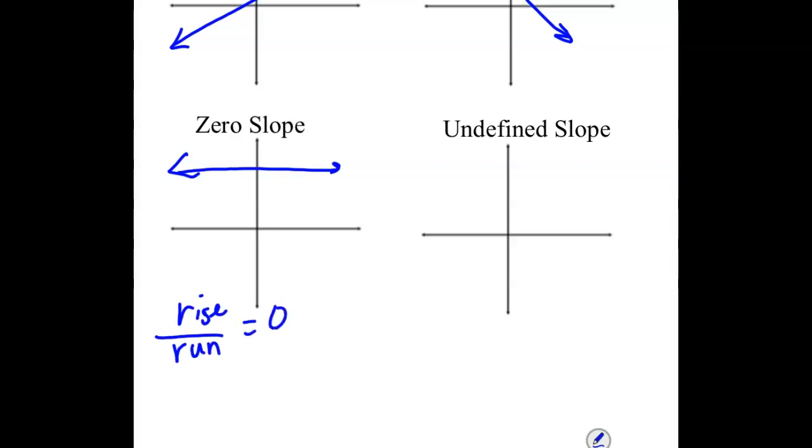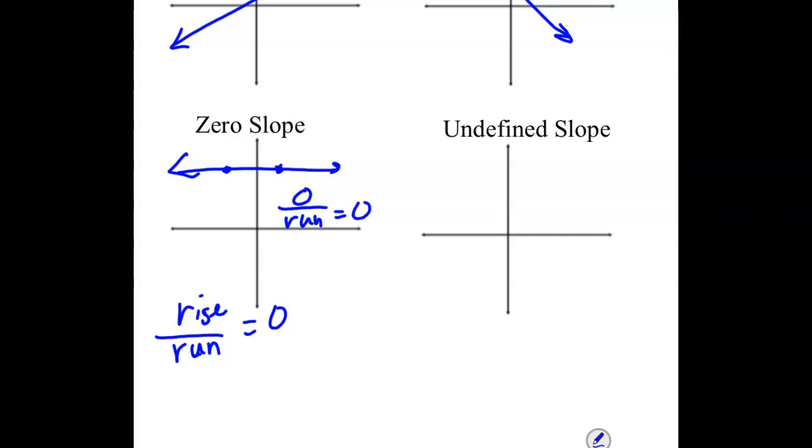For that to work, the rise would be 0 and the run could be anything, right? We can take 0 divided by anything and we get 0. So in this case, are we rising 0 to go from one point to the next? Are we moving up 0? Yes. We're still running a distance. But again, the run can be anything. If we have 0 divided by any kind of run, we're going to get a 0.